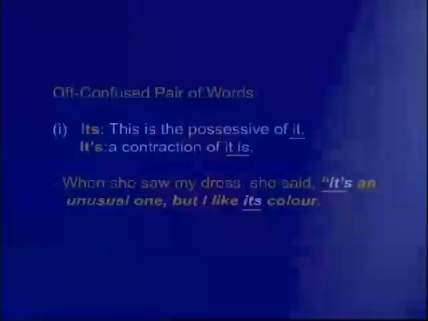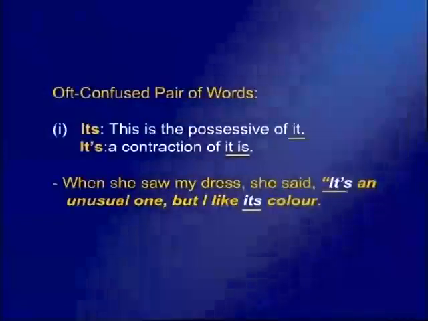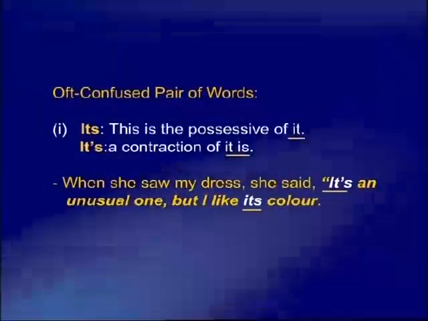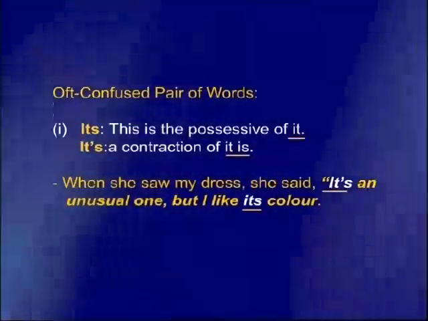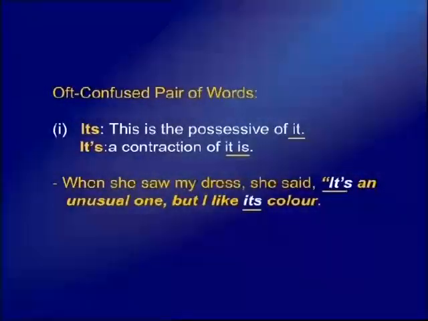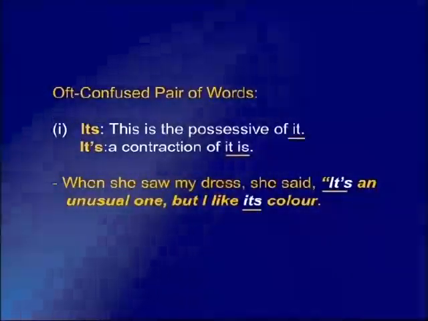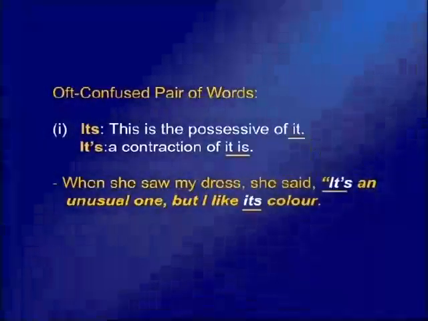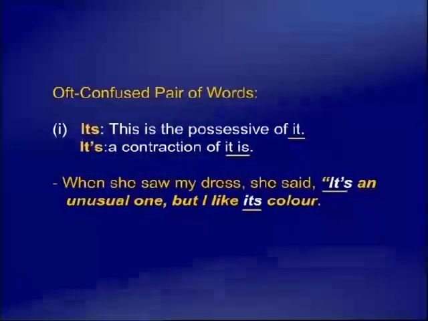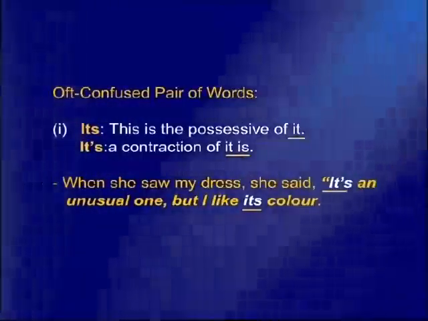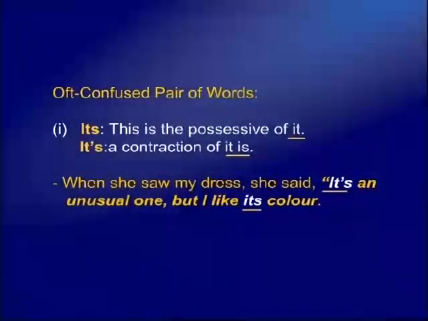The first one, its, I-T-S, and it's, I-T apostrophe S. A very common mistake. Students maybe are not very clear about it. I-T-S is the possessive form of the word it.